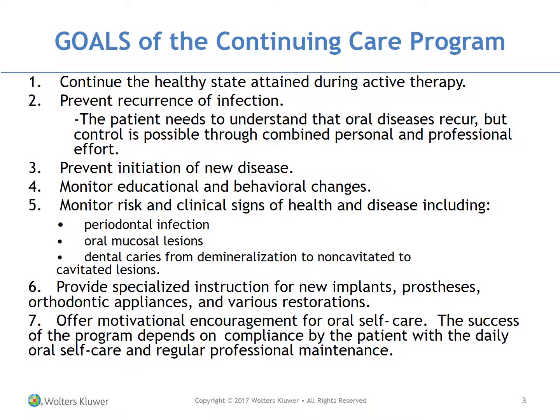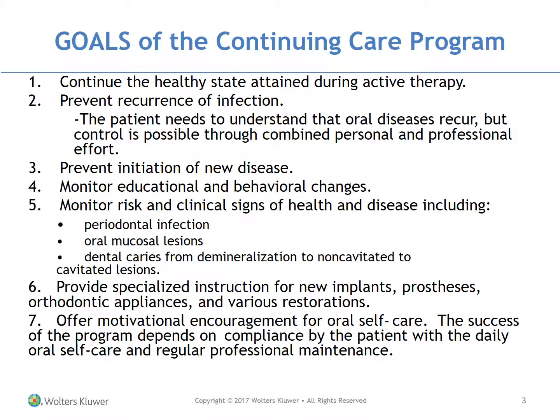So the goals of the continuing care program are, one, to continue the healthy state attained during active therapy. Active therapy is that therapy that we've provided during the care of the patient. That's considered active therapy. So if you're doing scaling and root planing from the first appointment till you finish the last appointment and done the reevaluation, now they're done with active therapy.